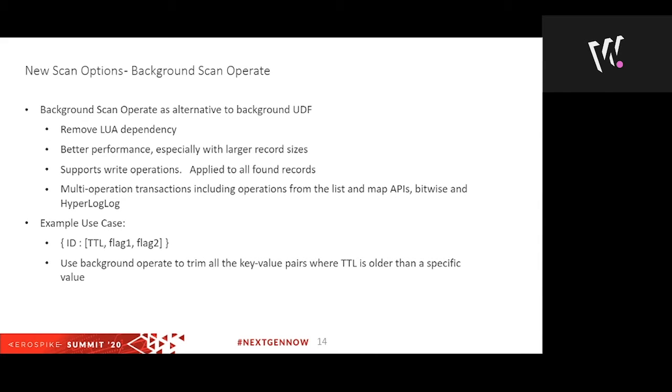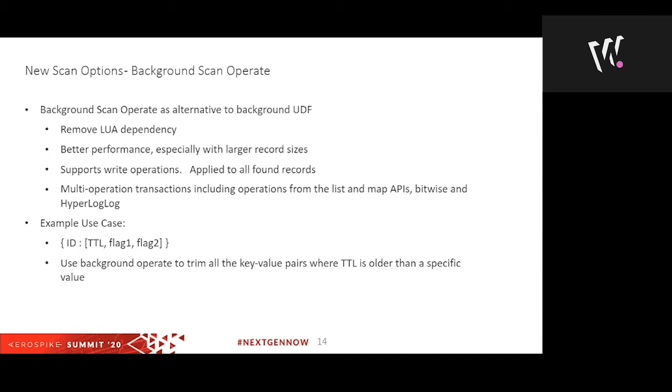And due to not needing to use UDFs, it also removes any dependency on Lua. So if you're using the Java client library, you wouldn't need to know Lua in order to define your background UDF. You can instead just use the background scan operate API within the Java client library.